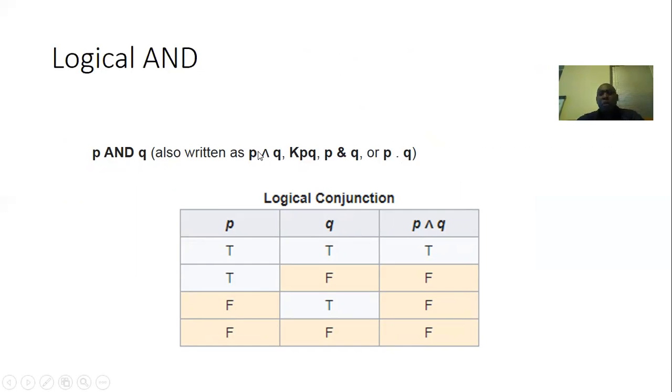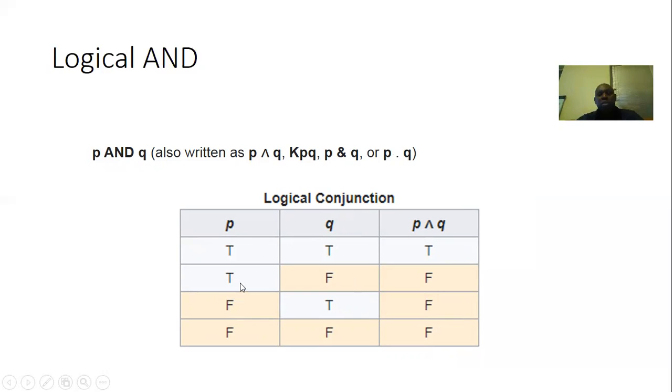But irrespective of how it is written, the only time the result of any AND operation is true is when the two values are true. When the two values are true, then the result is true. Otherwise, the result is false.